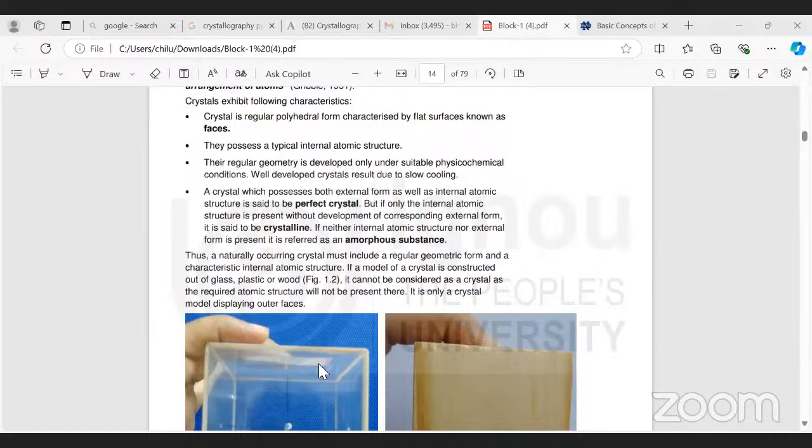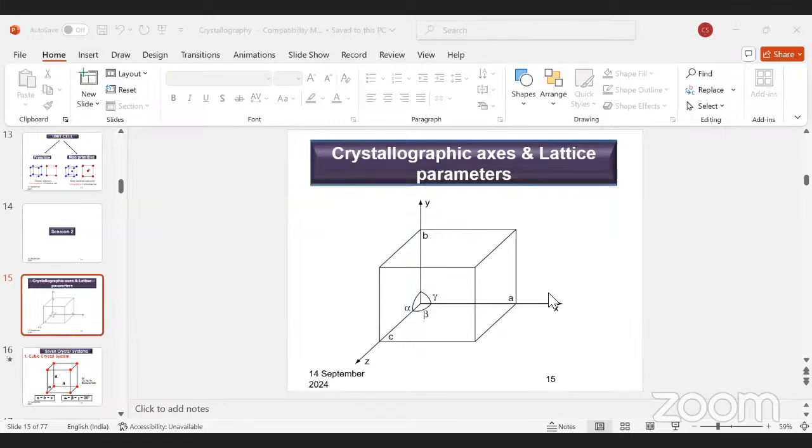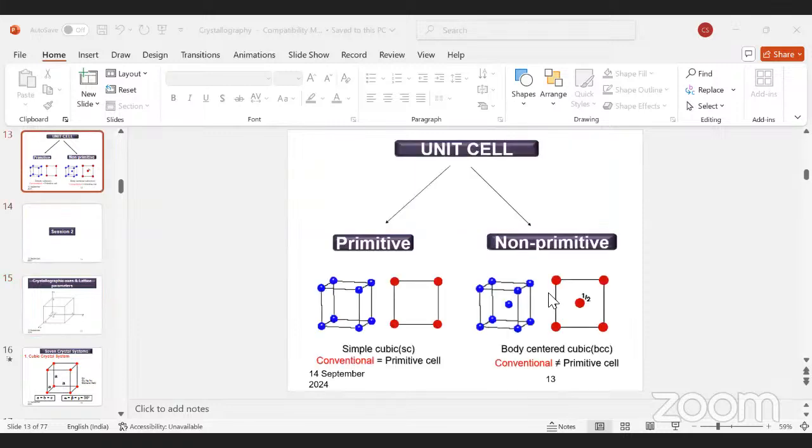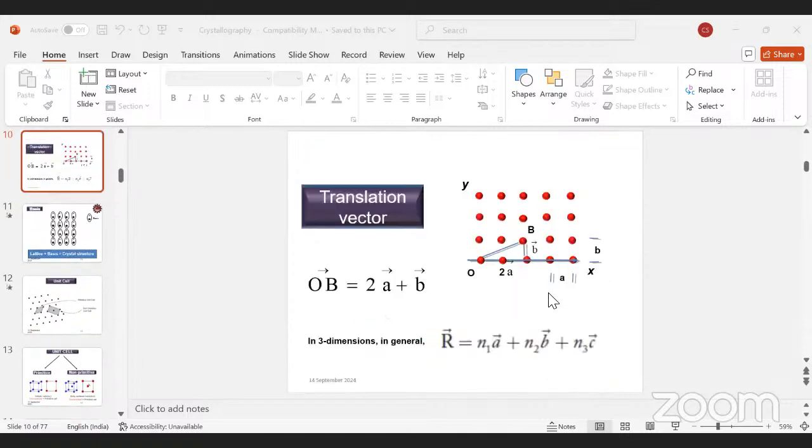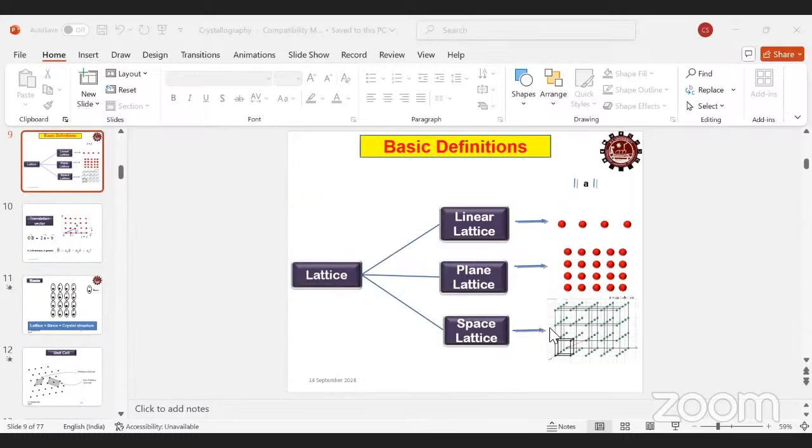Again, it is formed from the internal atomic structure. Definitely, it has an internal atomic structure. I'll show you one more. You see here the internal atoms.